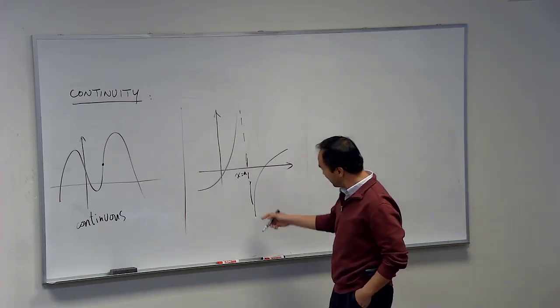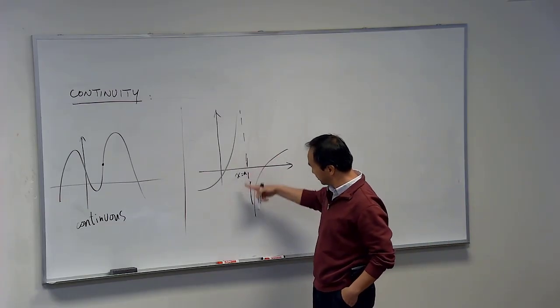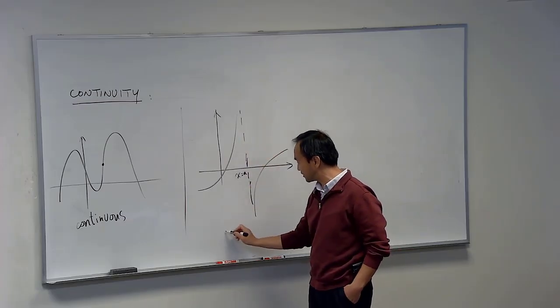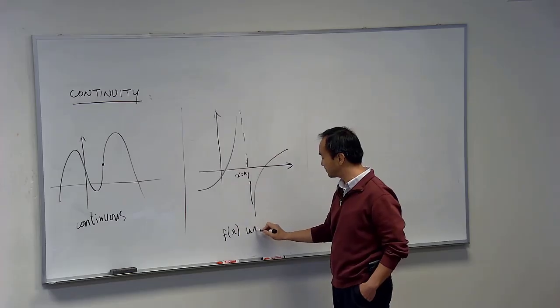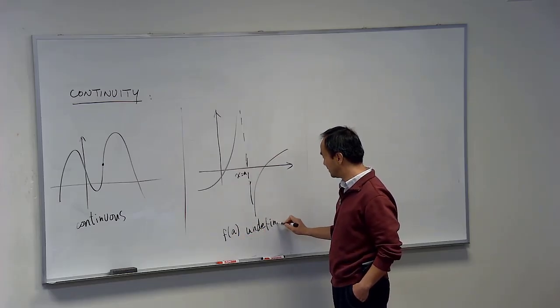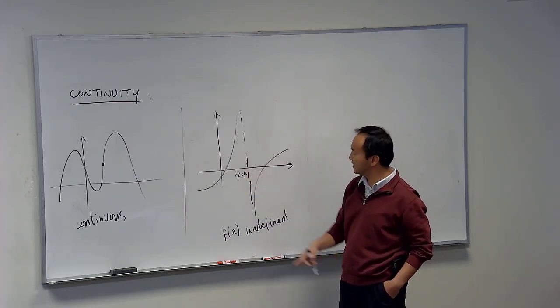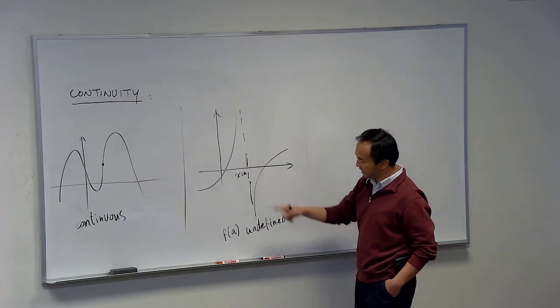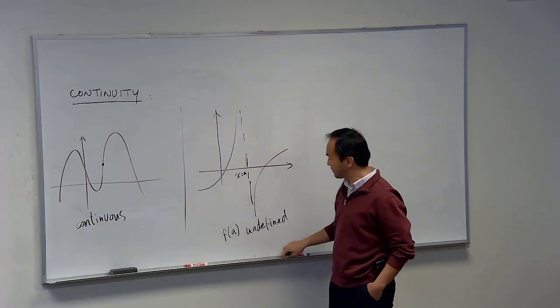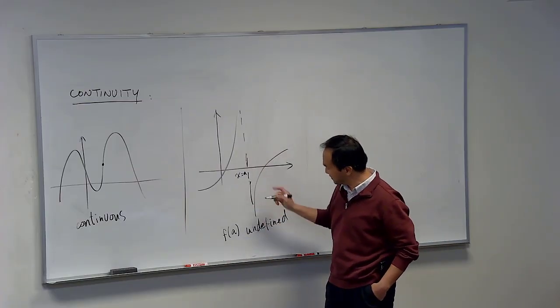For this function, clearly, the reason it's asymptotic here is because the function itself is not defined. f(a) is undefined. So the function is undefined at f(a), and we definitely have to lift up the pencil.